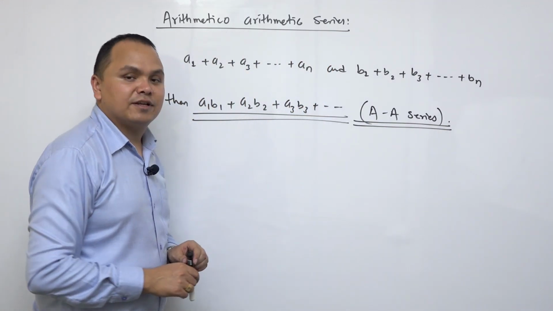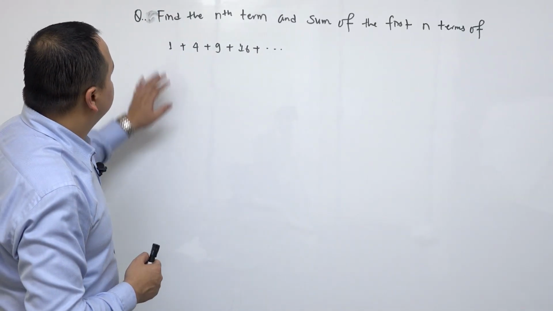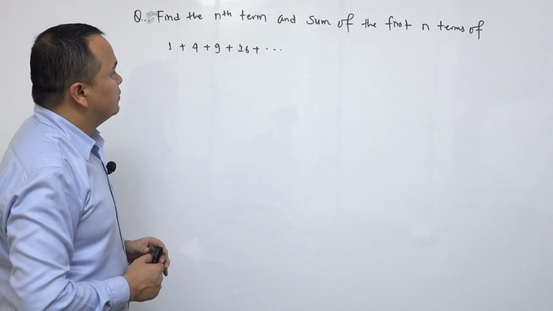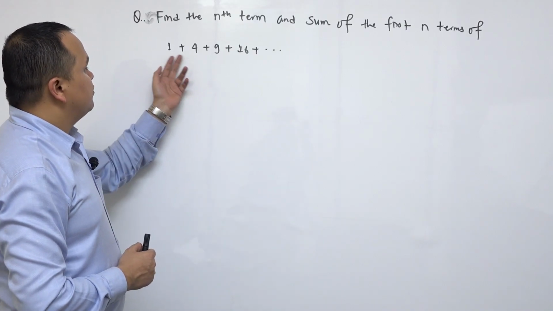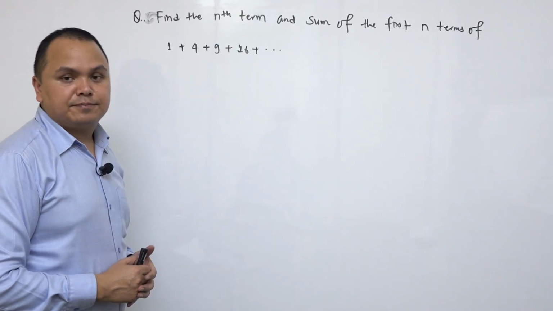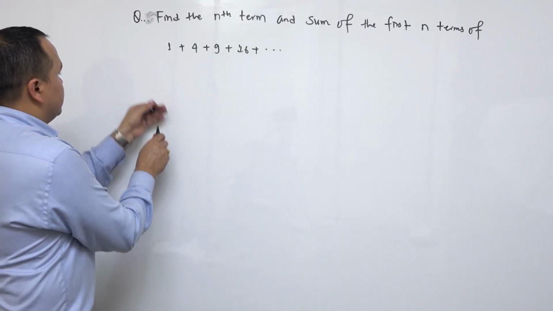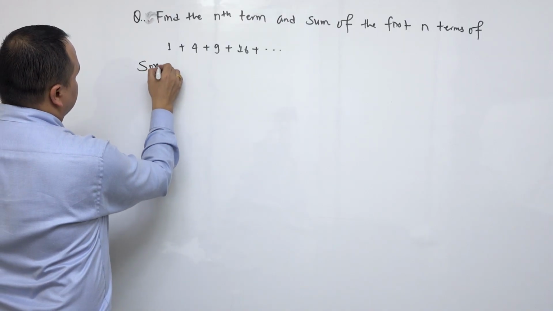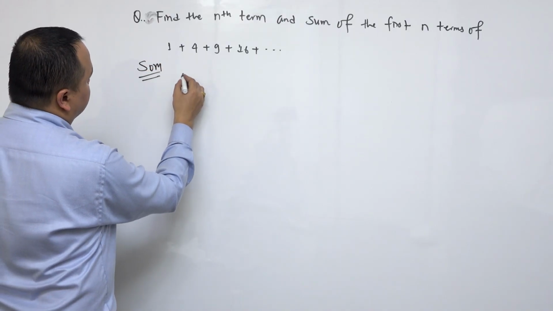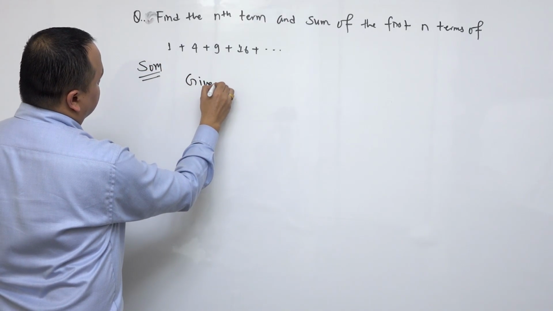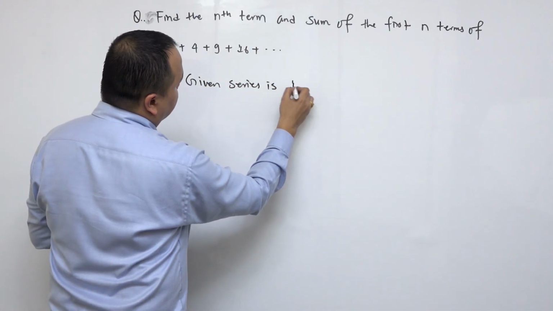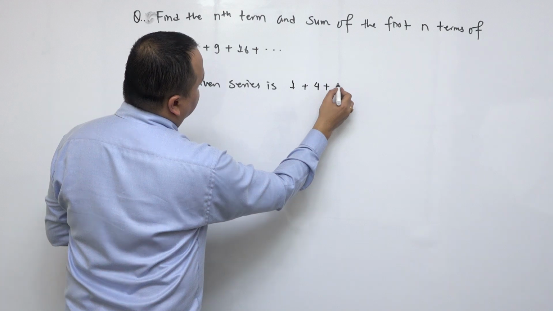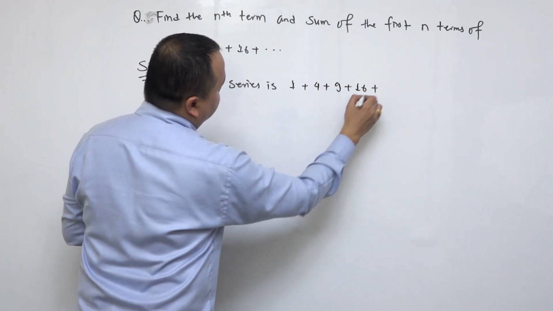Okay, we have an example. Find the nth term and the sum of the first n terms of the series 1 plus 4 plus 9 plus 16. Solution: the given series is 1 plus 4, 9, 16.